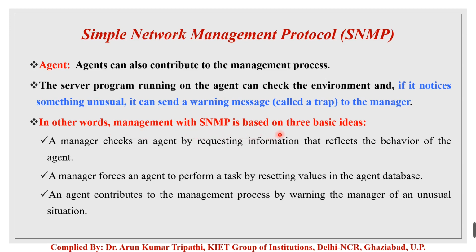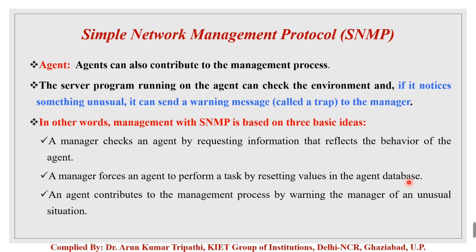Management with SNMP is based on three basic ideas. A manager checks the agent by requesting information that reflects the behavior of the agent. The manager forces an agent to perform by resetting the values in the agent database. It continuously checks whether the values are below or above the normal values.